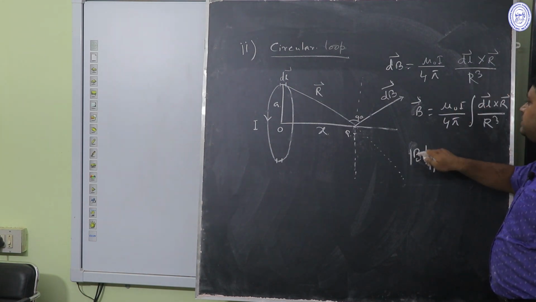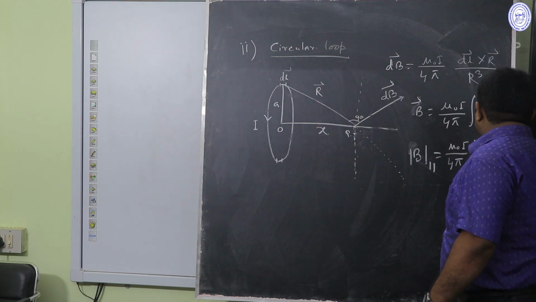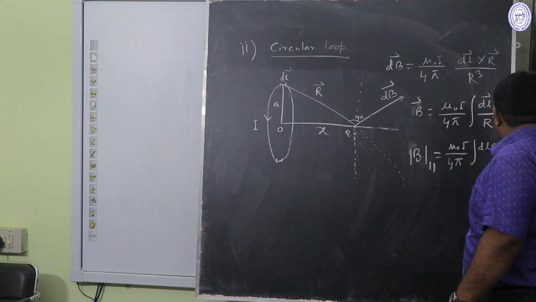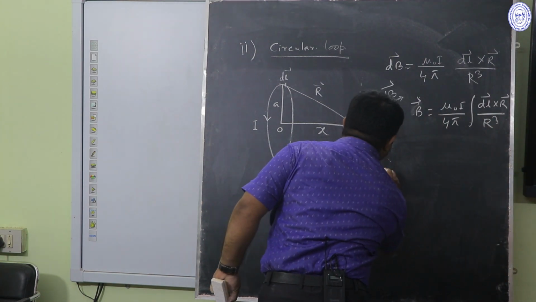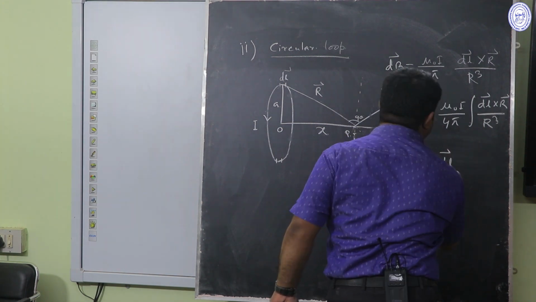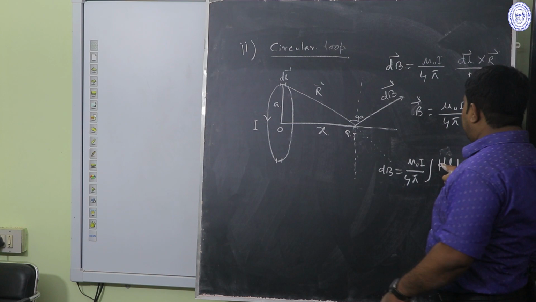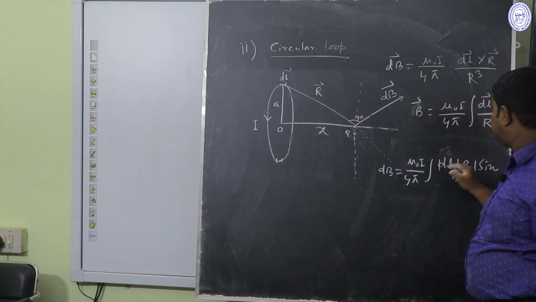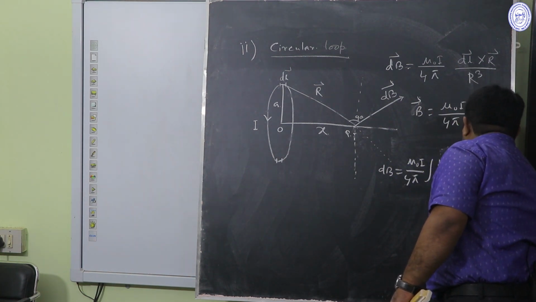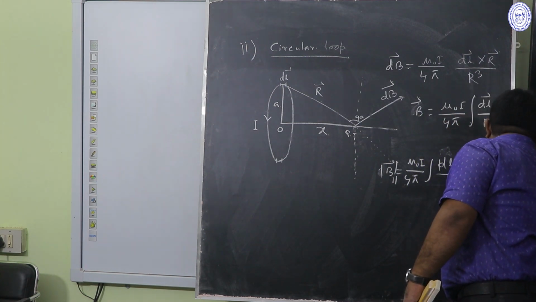So the parallel component of the magnetic field is equal to mu 0 I by 4 pi integration dl r sin, where the angle between dl and r is 90 degree, since r is the tangent on the loop, by r cube into the parallel component, that is sin theta.